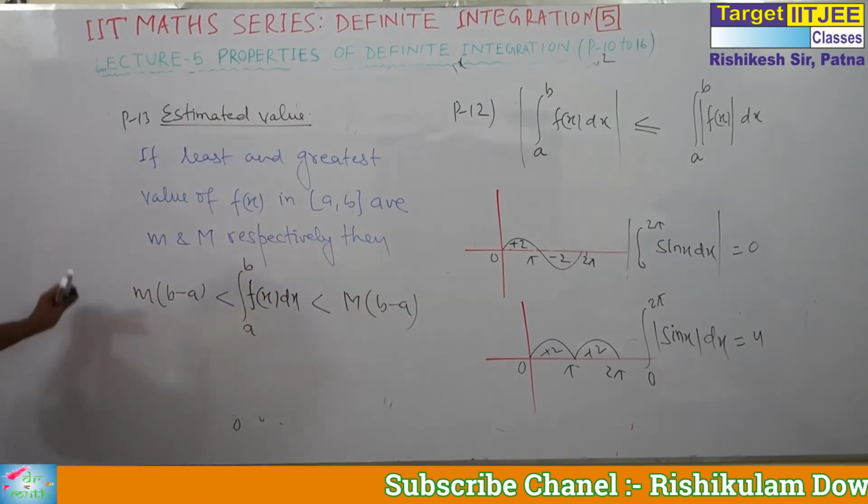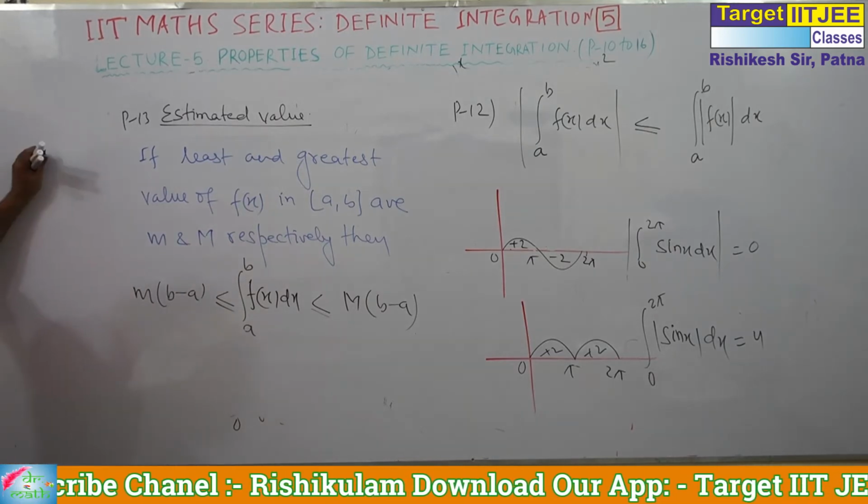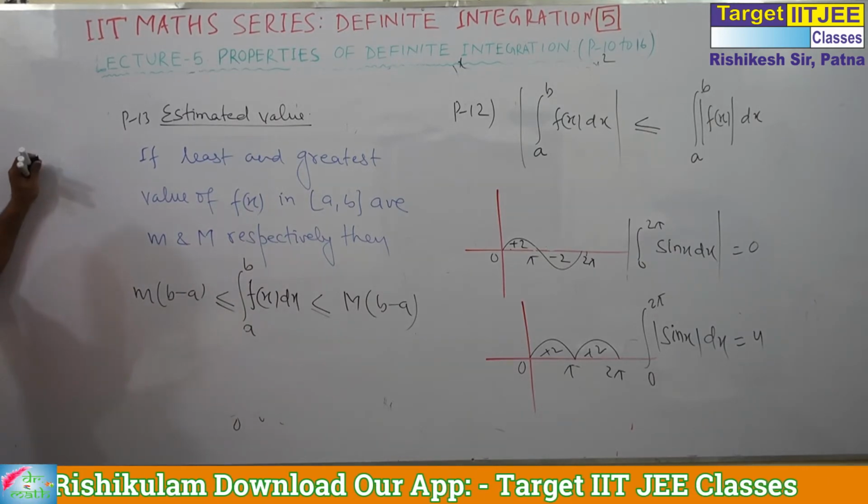Theoretically this, and you can also write the equal sign. For a constant function they are equal, so we write the equal sign in the result.